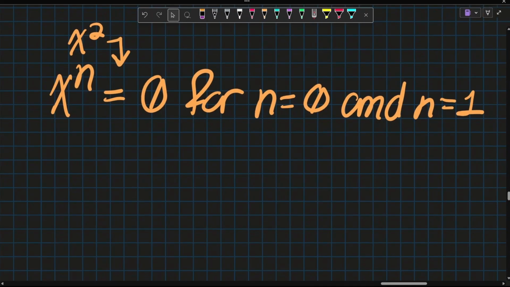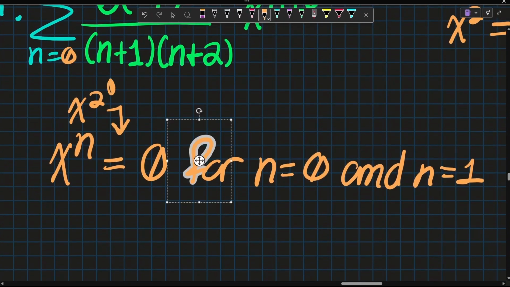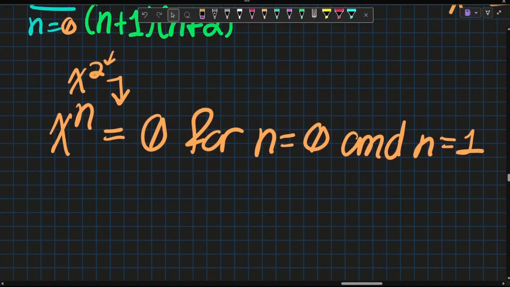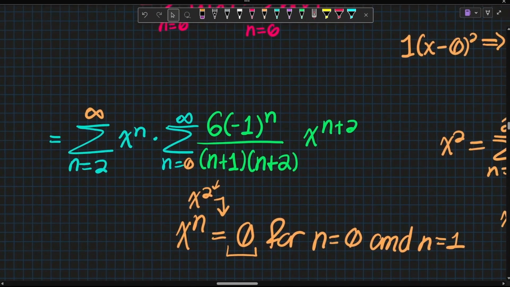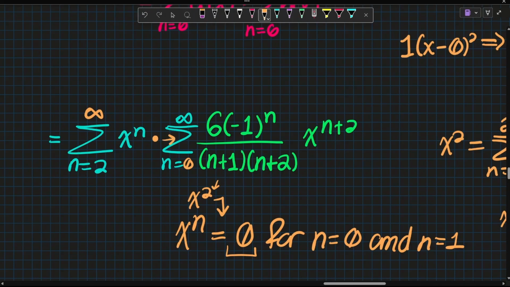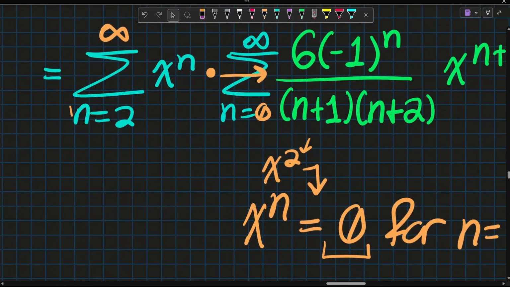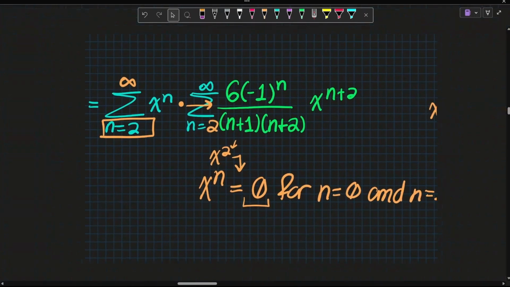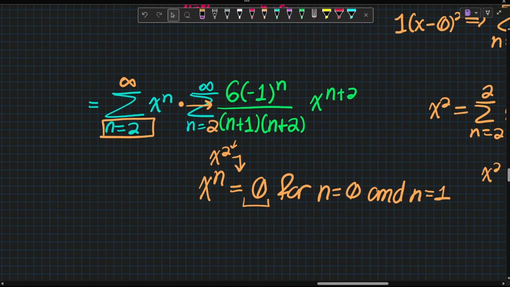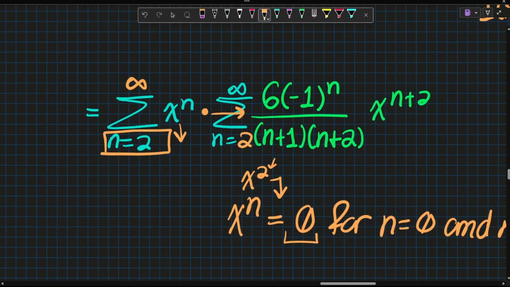But we know that when n is equal to 1, when the power is equal to 1, or 0, the entire term is 0, right? Because it's acting like a coefficient multiplying or scaling this other series, right? Which means that not only does this have to start at 2, but so does this, right? Because the 0th and the first term of this series would also have to disappear, right? Because this has to be 0.